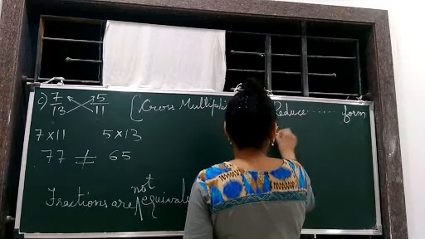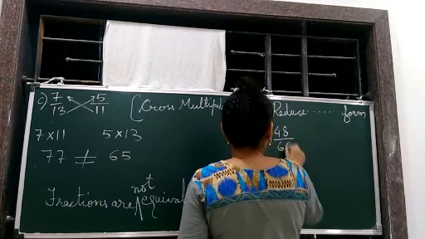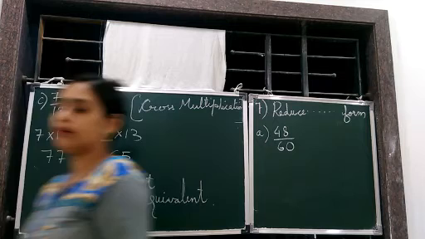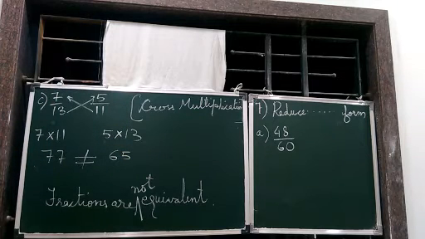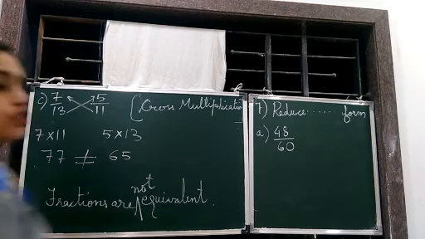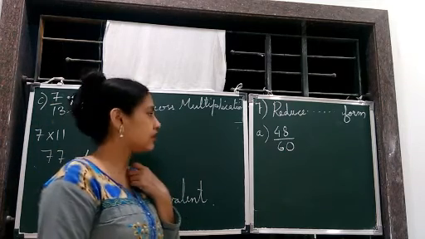So it is A, 48 by 60. Bringing a number into its simplest form means उसको छोटे से छोटा करना, making it small. Okay, smallest form. We've already discussed this in our last class.